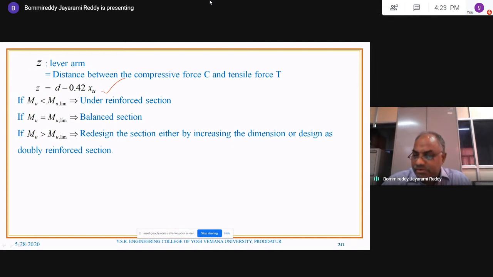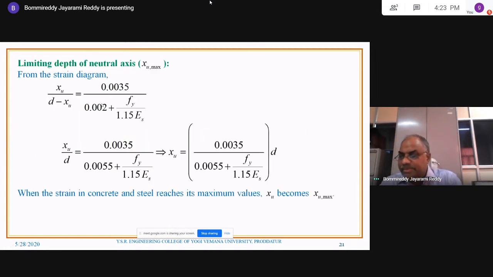If Mu is less than Mu limit, it is under reinforced section. Mu is equal to Mu limit, balanced section. Mu is greater than Mu limit, this is called over reinforced section, but this is always to be redesigned. I will explain a little later in the next part.